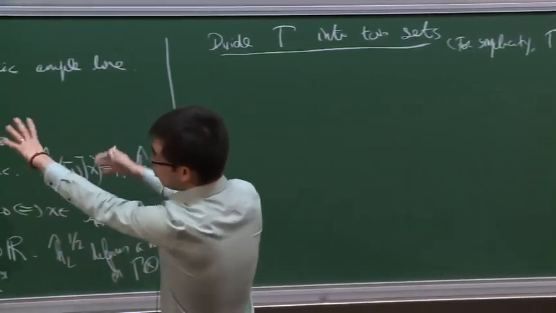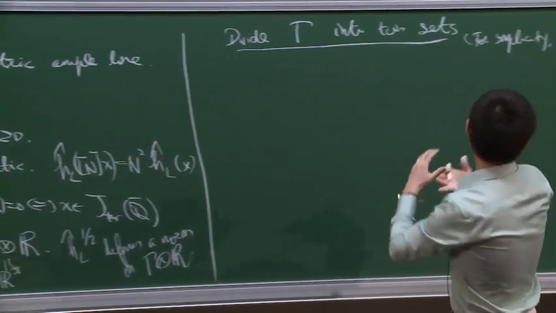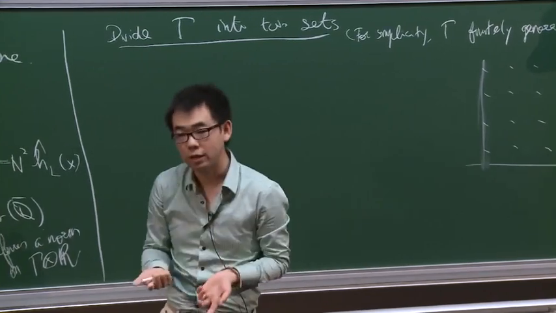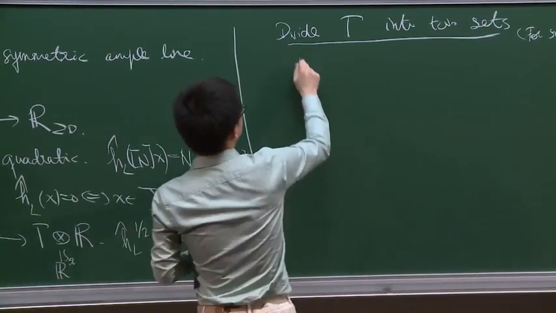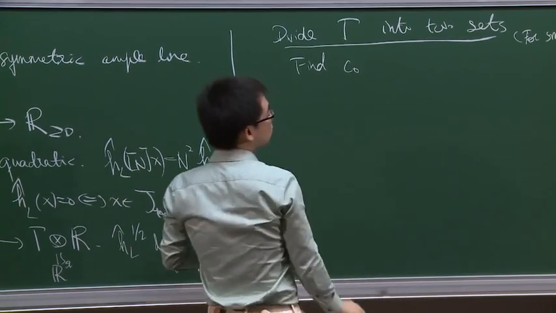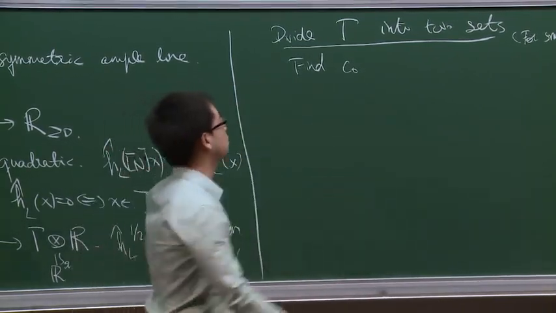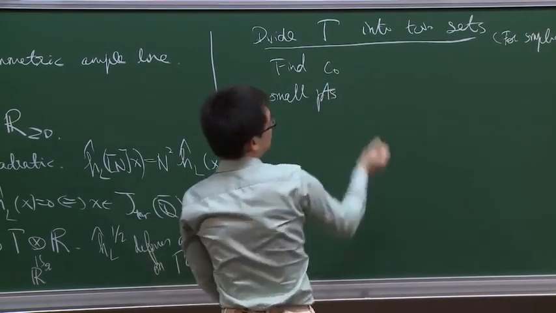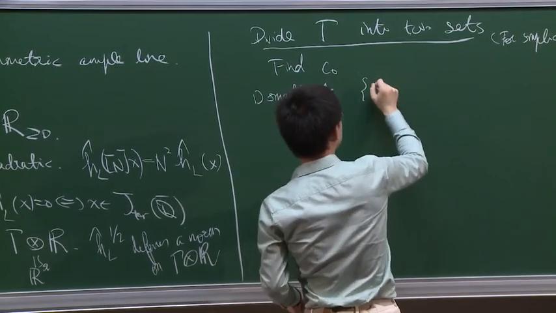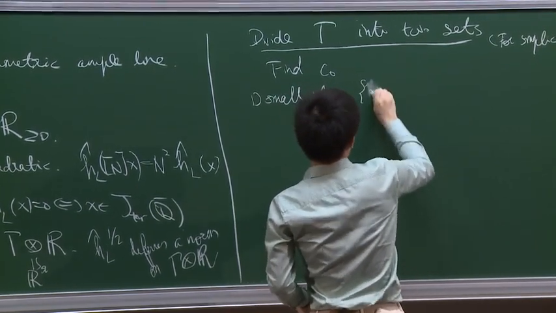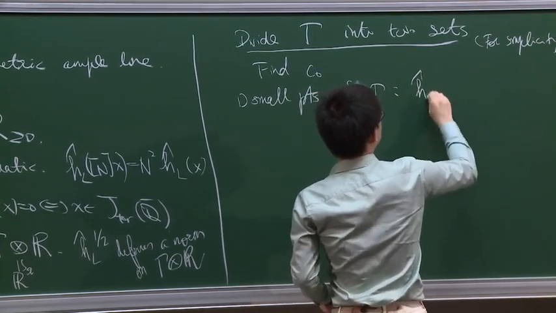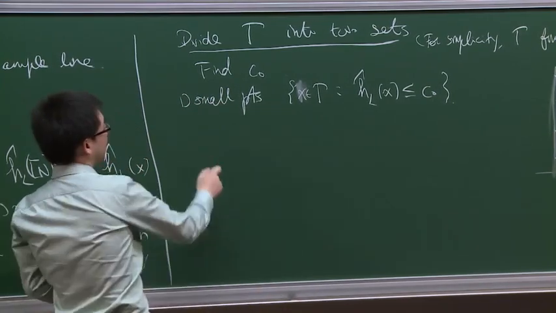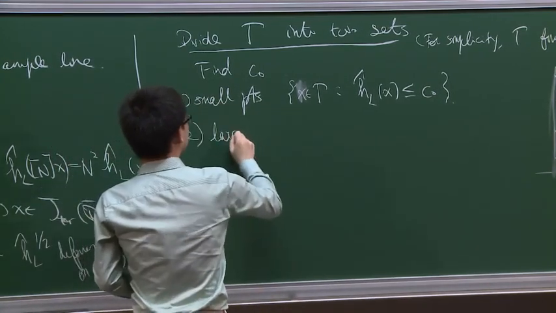And in their method, Bombieri, Faltings, and Vojta divided the points in gamma into two sets, which we call the set of small points and large points, in the following way. They found a C0, I'll explain this number later, and divide into small points, which are the points with height smaller than or equal to C0, and the set of large points.